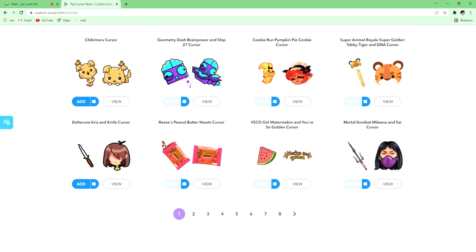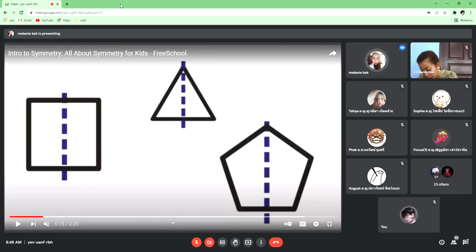How many lines of symmetry? Okay, how about for this shape? We have the parallelogram. How about this one? How many lines of symmetry or axis of symmetry can you form in this shape?